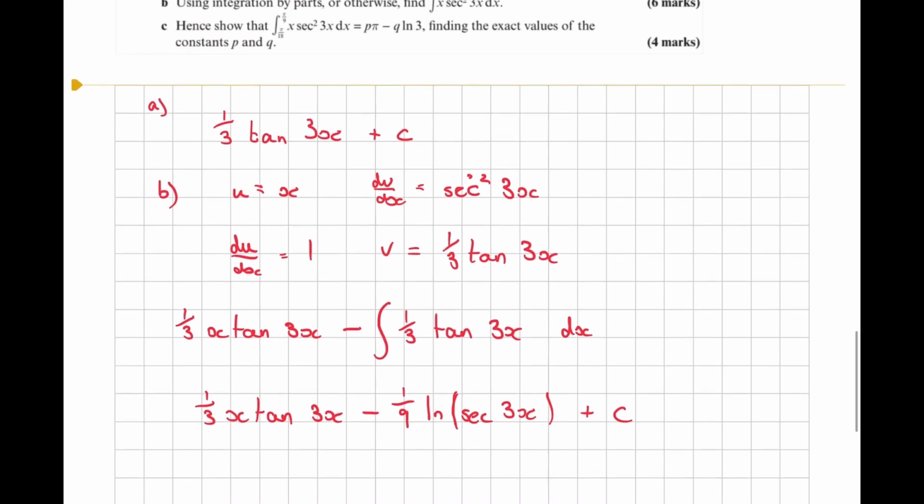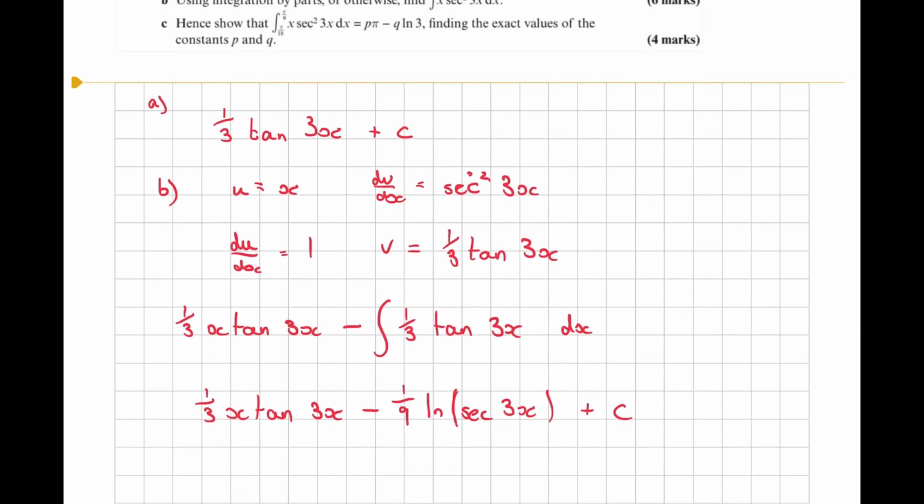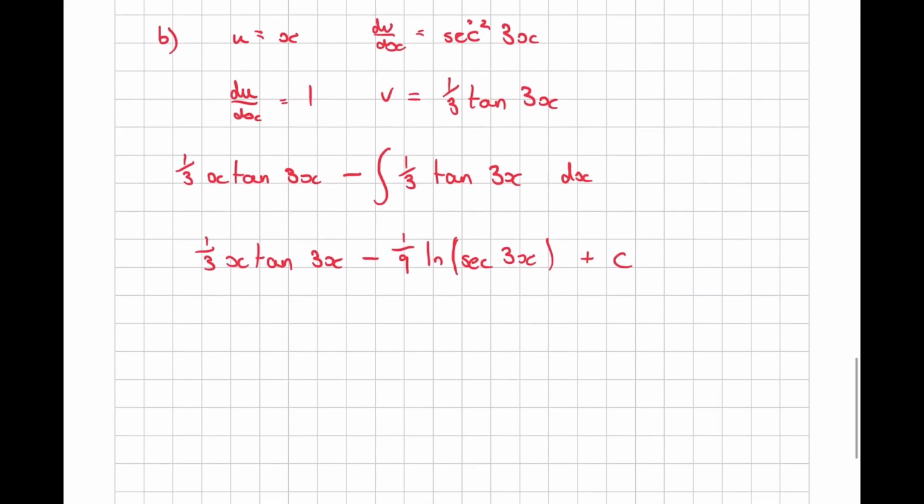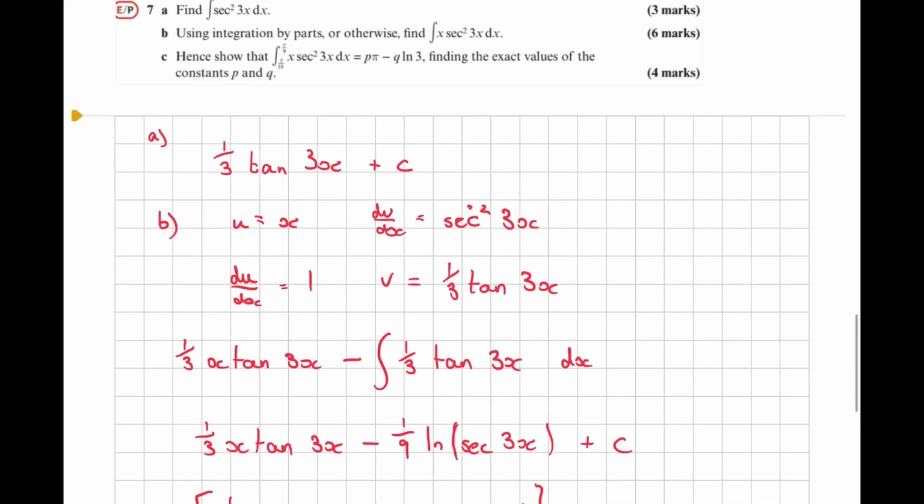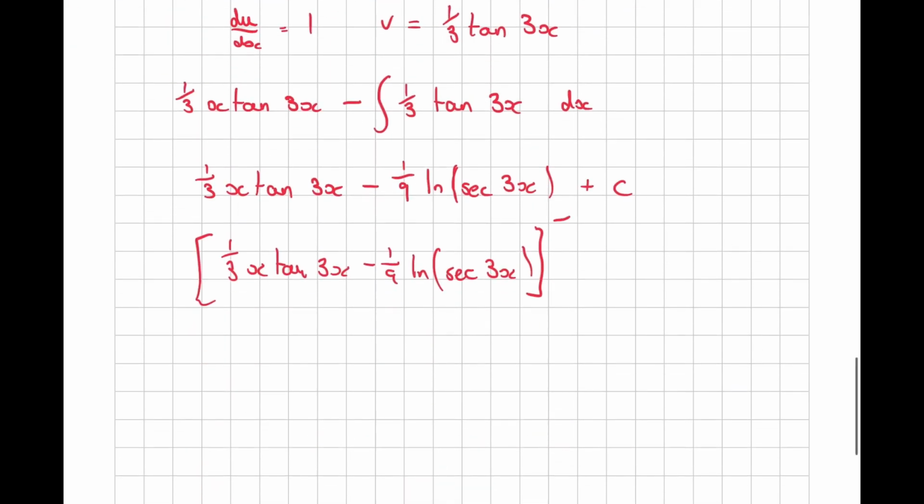And then part C, hence show that the integral between pi over 9 and pi over 18 is that. So we've got a third x tan 3x minus a ninth of ln sec 3x between pi over 9 and pi over 18.